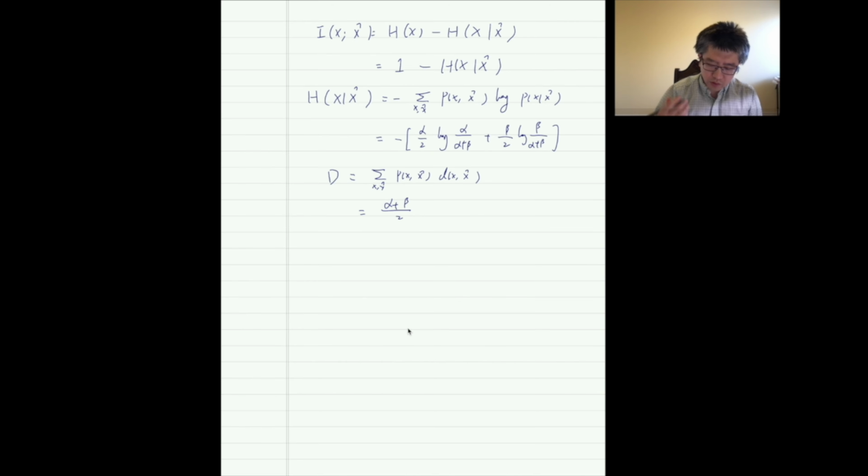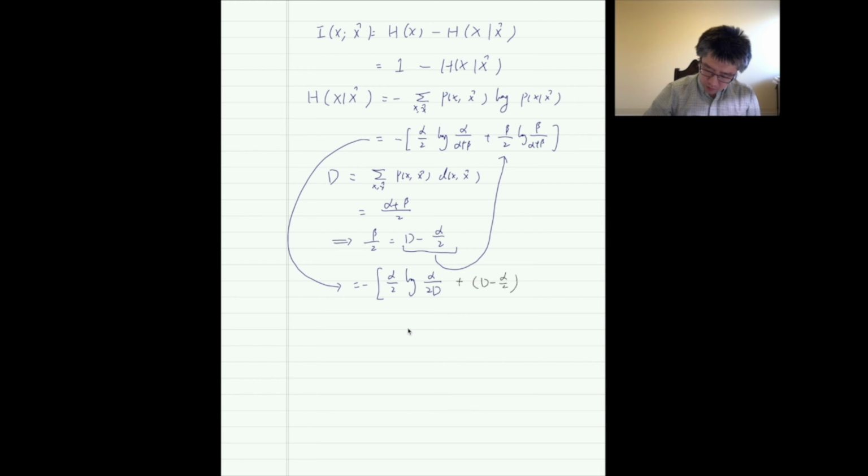If D equals alpha plus beta over 2, we can get beta over 2 equals D minus alpha over 2. Now we can replace beta over 2 by this, or represent beta in terms of D and alpha, so that we can write everything as a function of only alpha: D minus alpha over 2 log of 2D minus alpha over 2D.